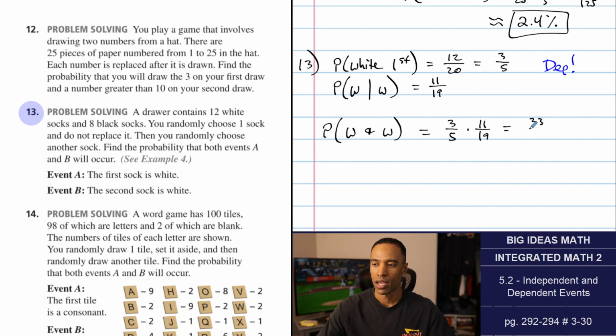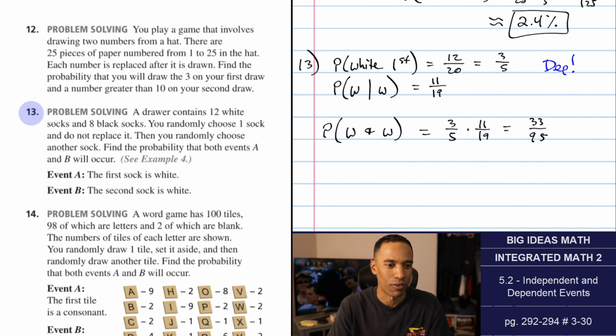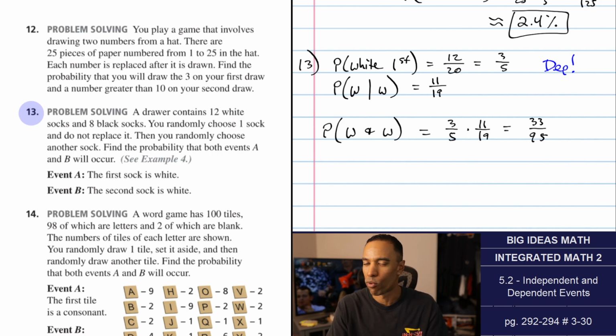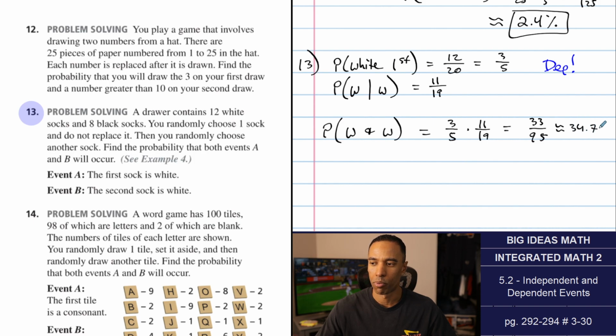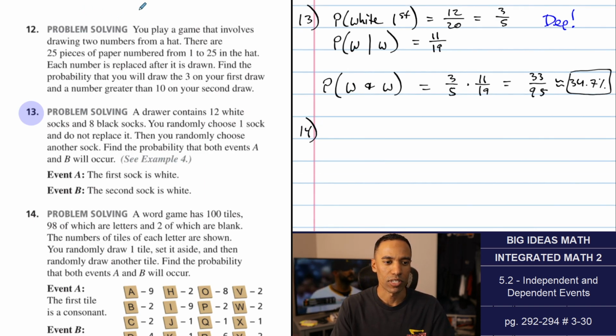That's 33 over 95. A little more than 33% is my best answer for now. So 33 over 95 is 34.7%. I'm just going to go one decimal place the rest of the way. 34.7%. It's a dependent event. Let's move to number 14.